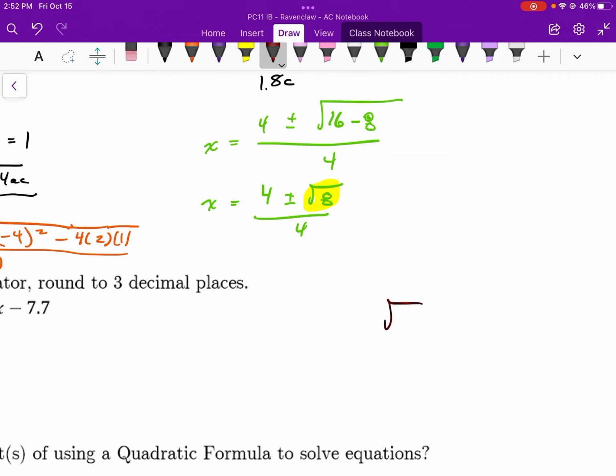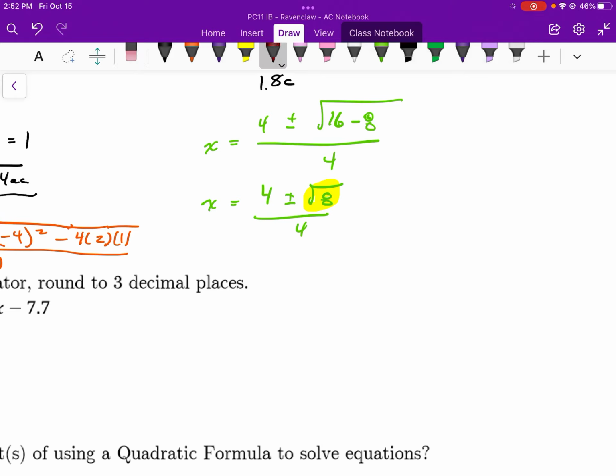Now remember, when we have a radical and we want to put it in lowest radical form, it's best to find the greatest perfect square factor, or any perfect square factor of 8. So I'm going to think of 8 as 4 times 2. Why? Because 4 is a perfect square. When I say perfect square, think 4, 9, 16, 25, 36, 49, etc.